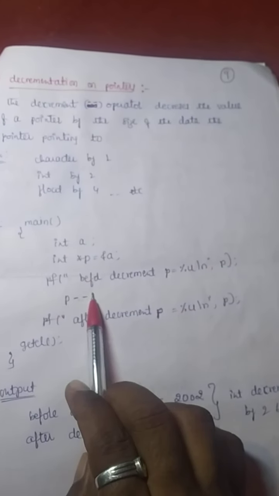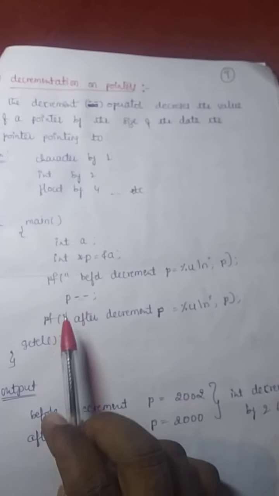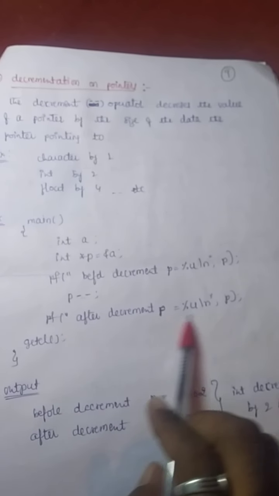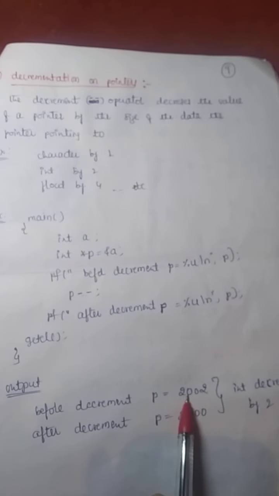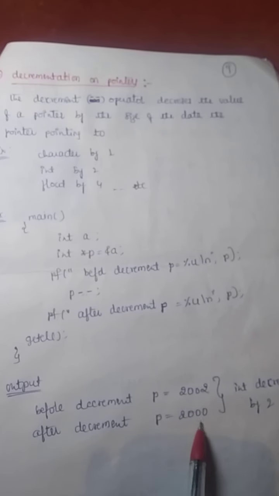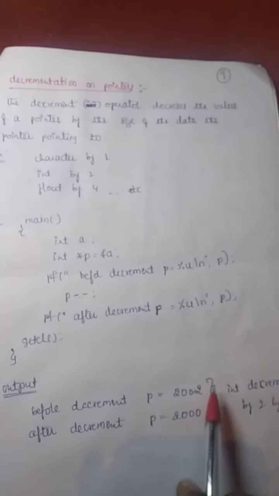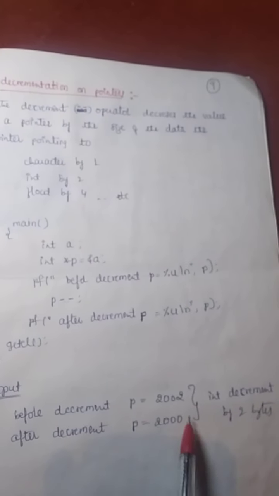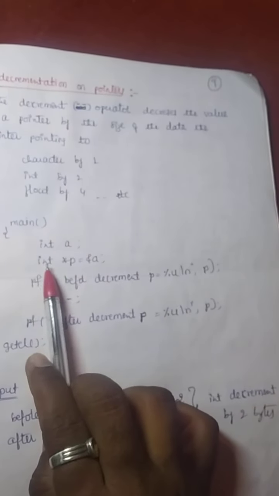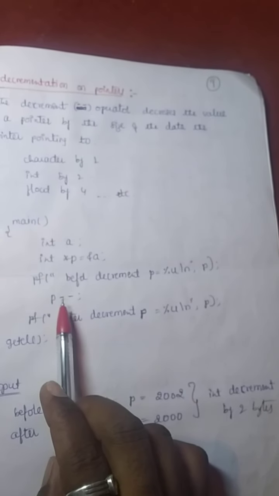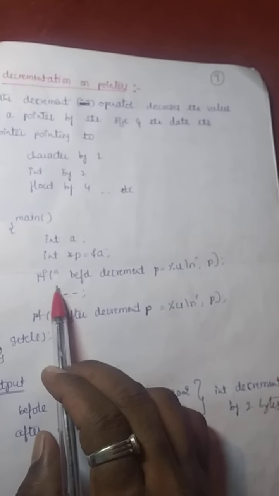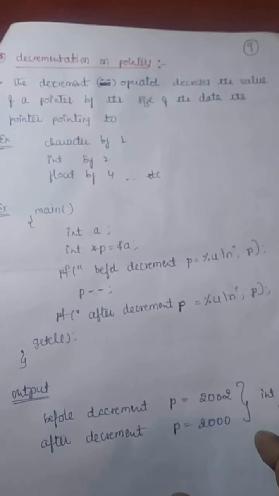Then you decrement the pointer by --. After this statement, if you print the p value, you will get 2000. So the first value is 2002, the second value is 2000. It is going to decrement by 2 bytes. Why? Because the pointer is of type integer, which holds 2 bytes. So 2 bytes of memory will be decremented. So this is decrementation on pointers.